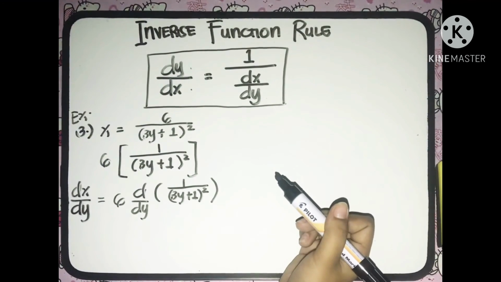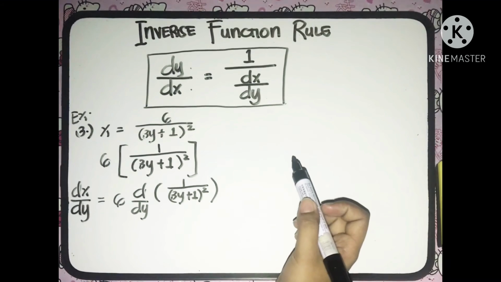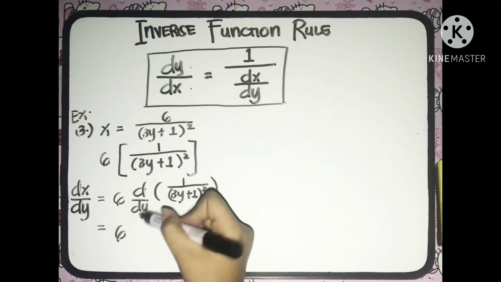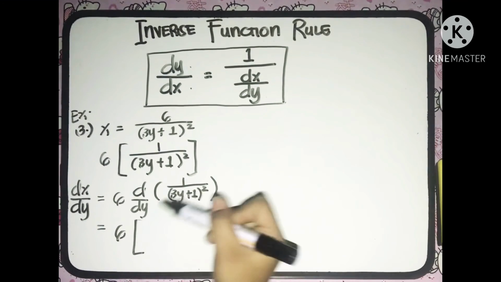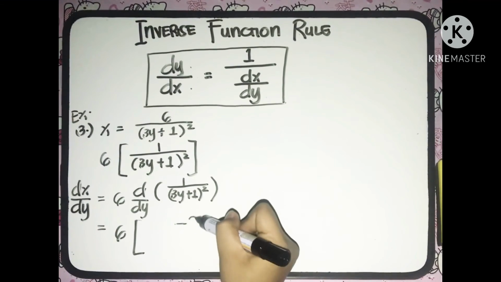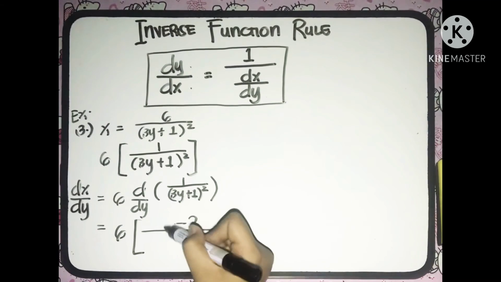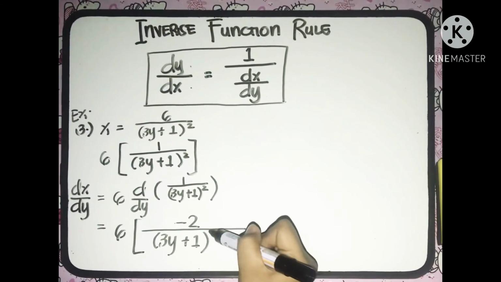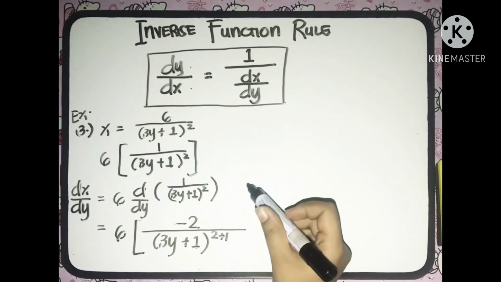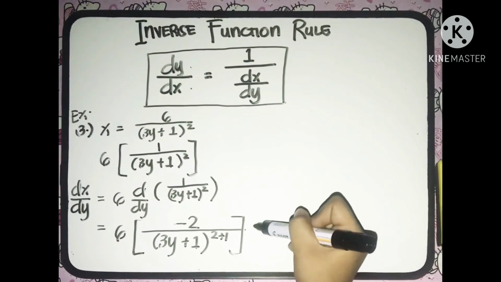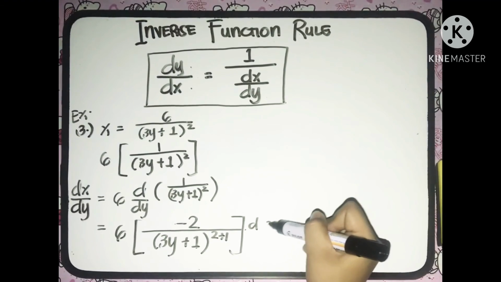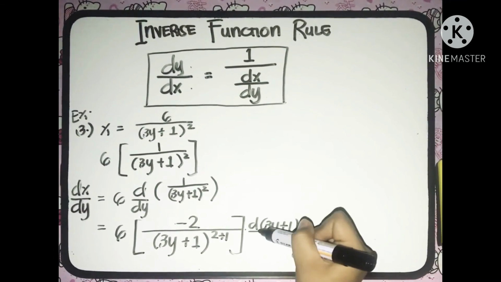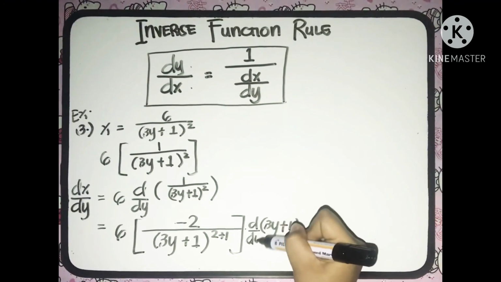Okay, by applying rule number 9, we'll have 6 multiplied to negative 2 over 3y plus 1 raised to 2 plus 1, and then multiplied to the derivative of 3y plus 1 with respect to y.